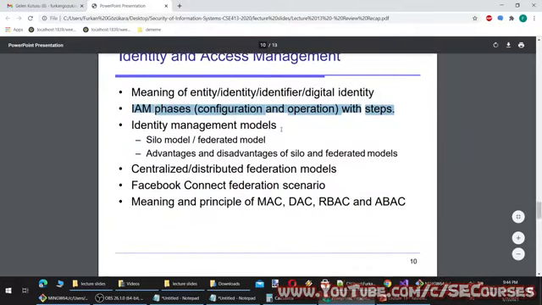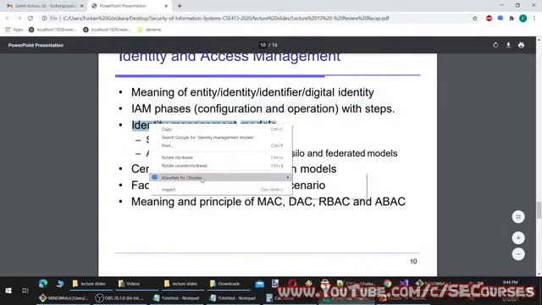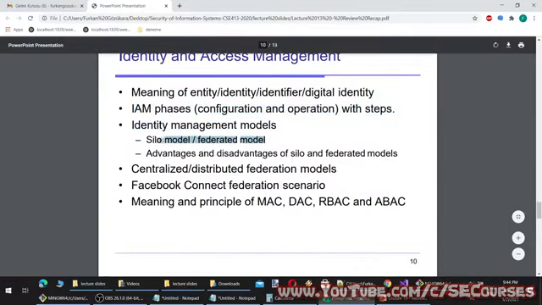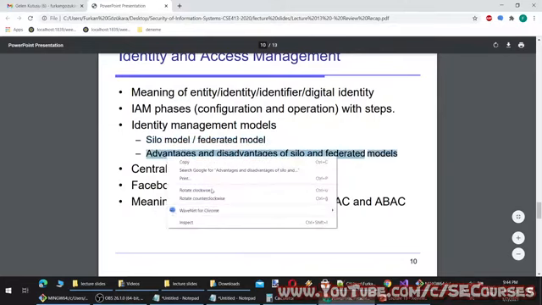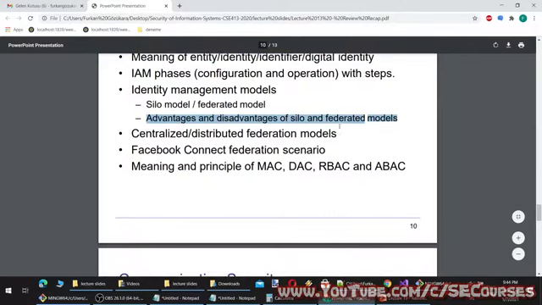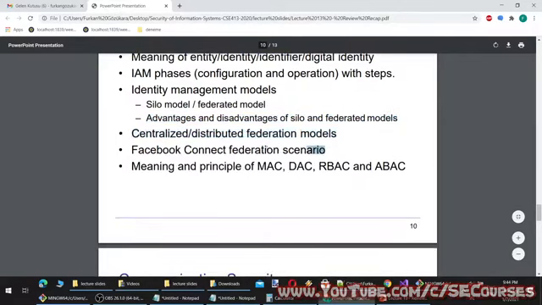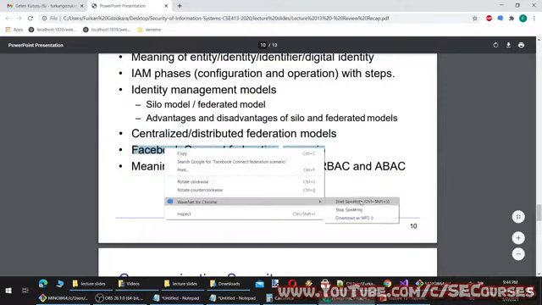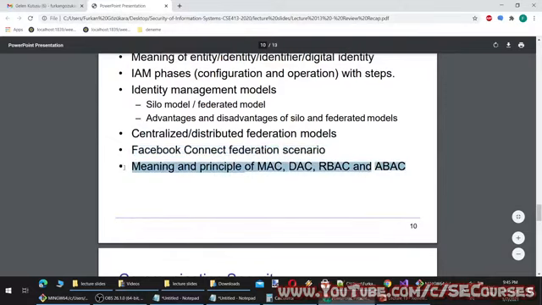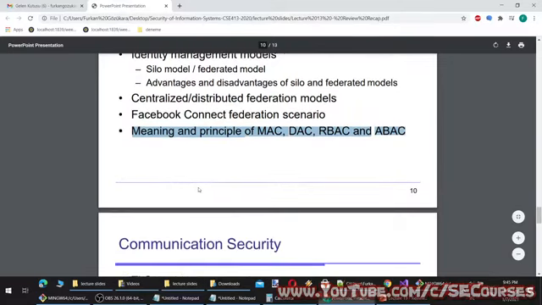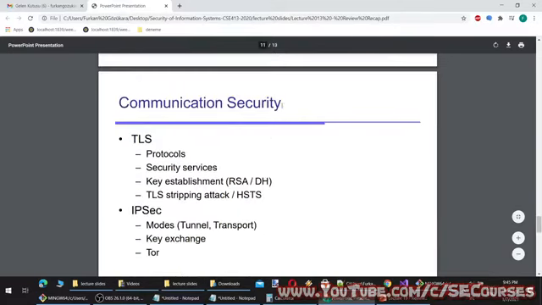IAM phases, configuration and operation, with steps. Identity management models: silo model, federated model. Advantages and disadvantages of silo and federated models. Centralized, distributed federation models. Facebook Connect federation scenario. Meaning and principle of MAC, DAC, RBAC and ABAC.